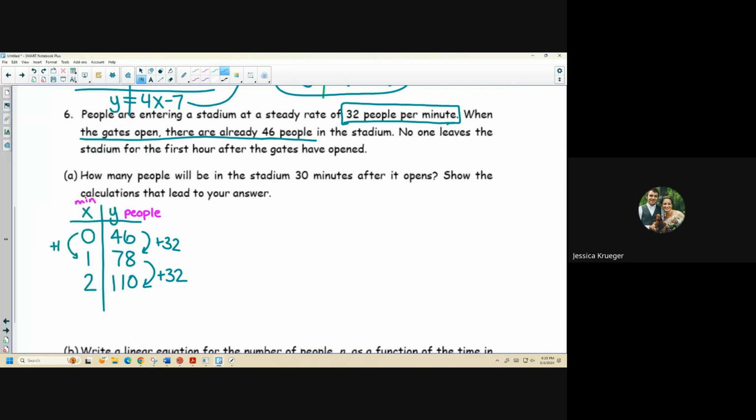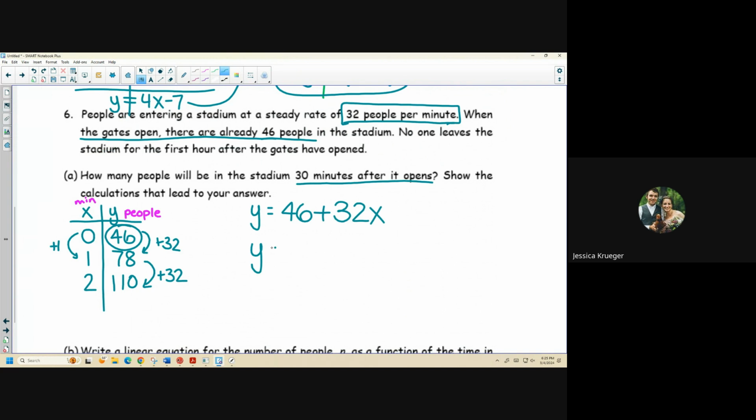So now we want to figure out how many people will be in the stadium 30 minutes after it opens. Well, this looks like a good job for an equation. Y equals, where am I starting? I'm starting with 46 people, and I am adding 32 people over and over again per minute.